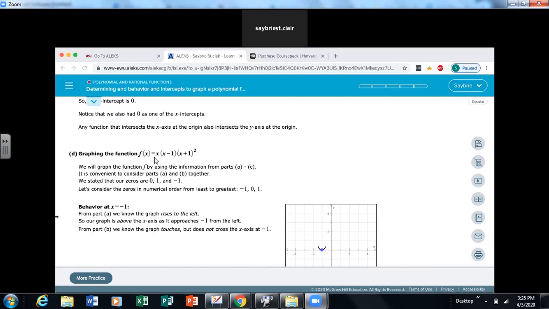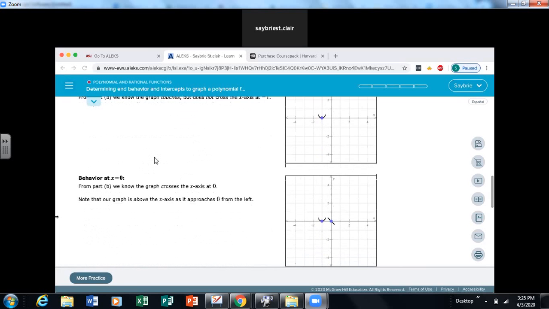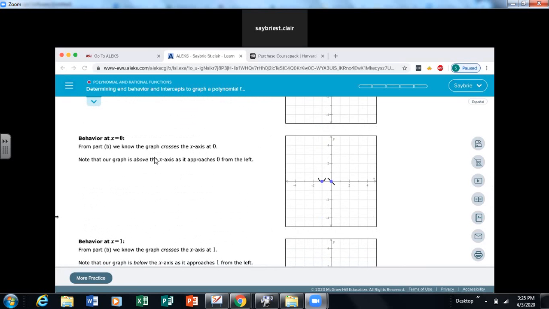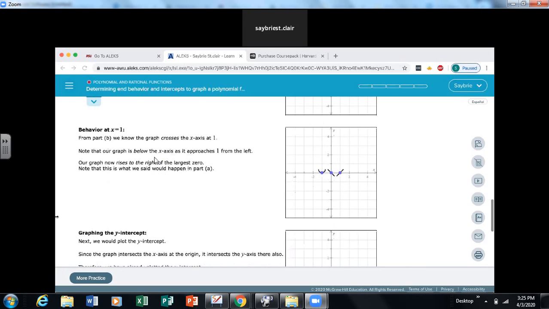Behavior at -1. This rises to the left. Okay, so go down a little bit. Once you find your spots where it crosses over the x-axis, then we have to make it match that graph, that picture that we have, hopefully.